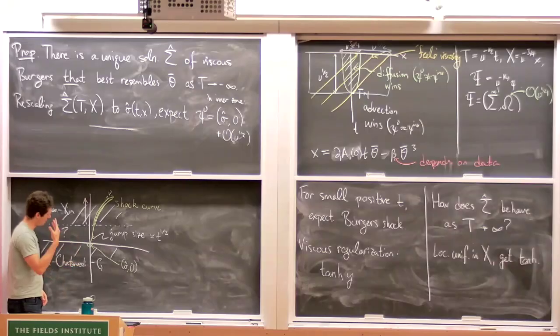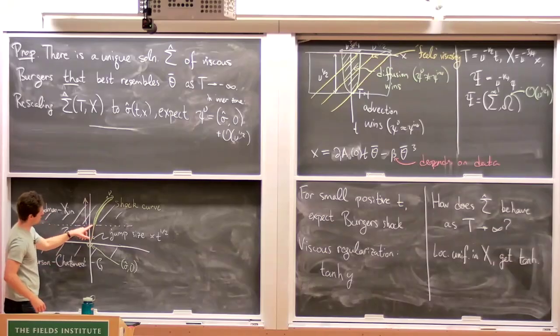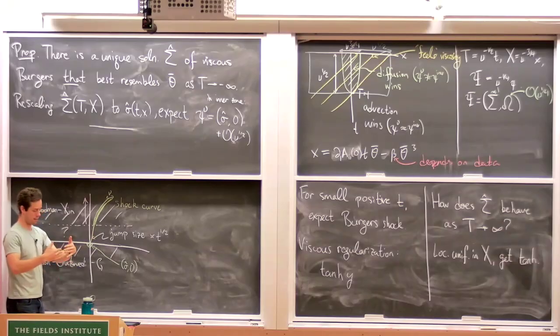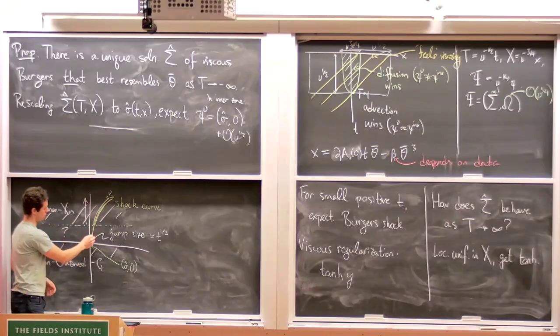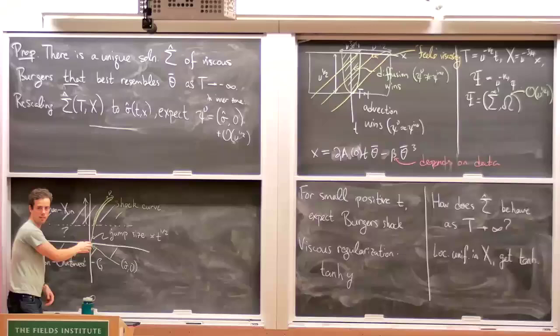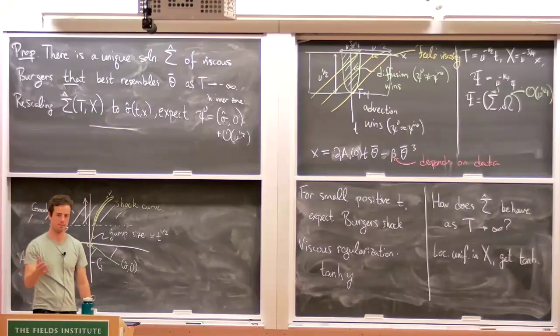So I expect that as you get closer and closer here, you need to account for an additional factor in front of nu that would expand this region as the strength of the jump gets smaller. I think that would give you an interpolation between this strip of size nu and the inner region of size nu to the 3/4 here. But it's not something I've written down yet. Does that get at it?